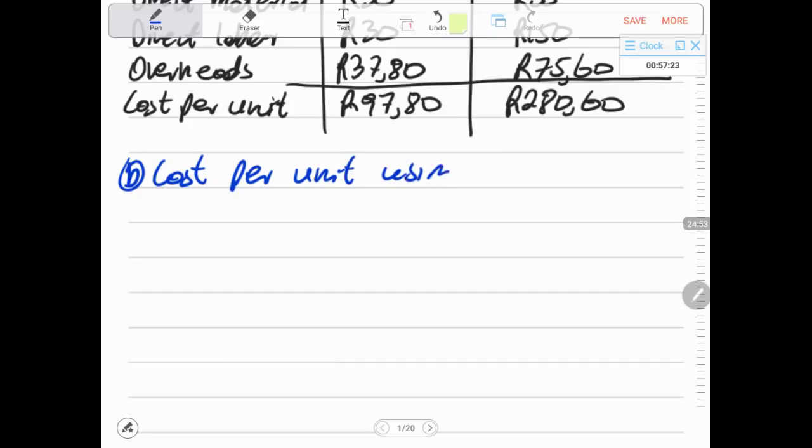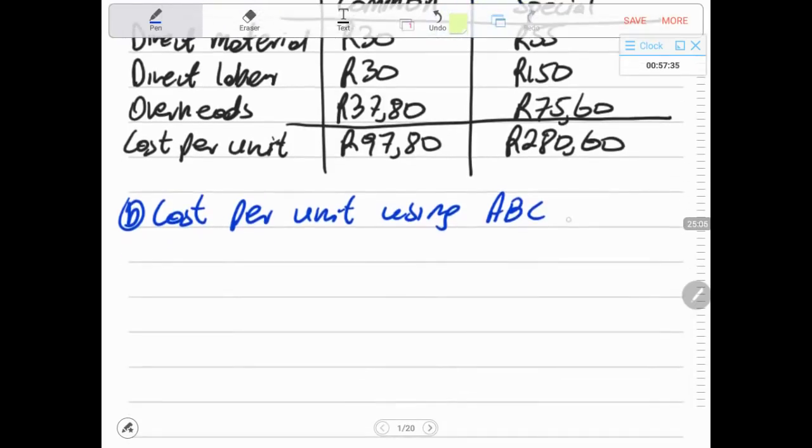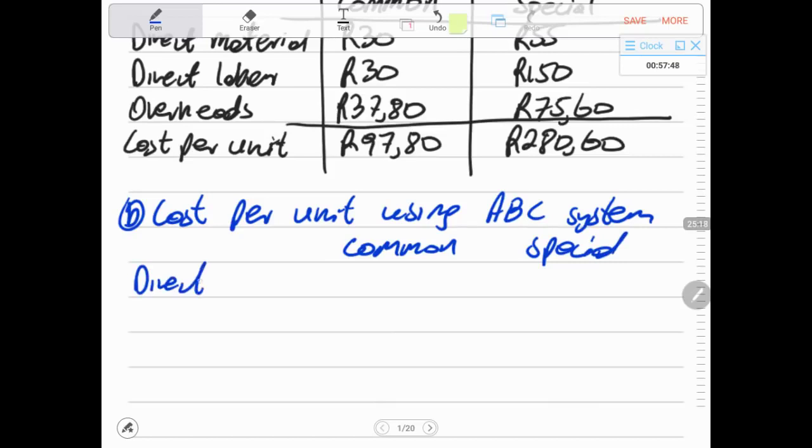In this case, we are using ABC. I just want to highlight that previously we were using the traditional system. Here we are using the ABC system. Then we still have the two products, which are common and special. Remember, direct labor and direct material are not changing.